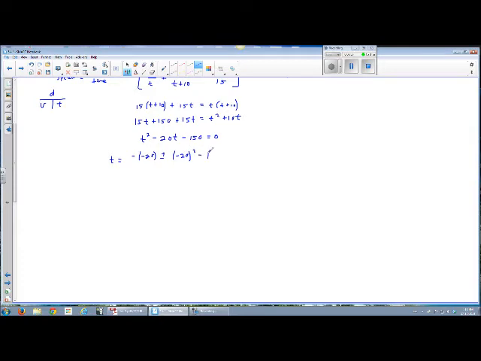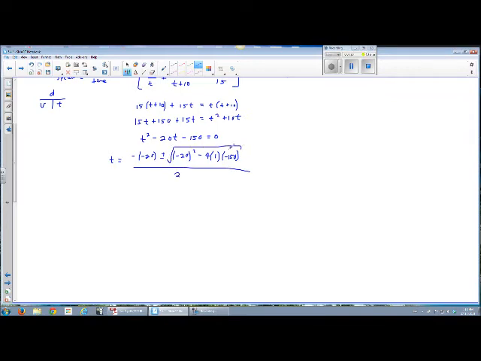Oops. 4 times 1 times negative 150, and that's all over 2a, and we'll take the square root of that.